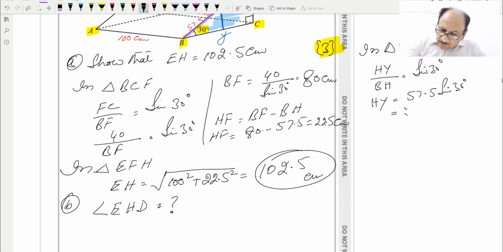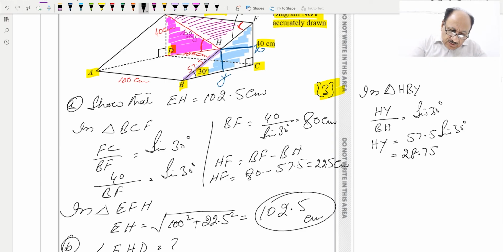So 28.75 is HY, which is the same as CF. So CF is 28.75, and CX, basically CX. CF is equal to 40, so we can write CF is equal to CX plus FX.